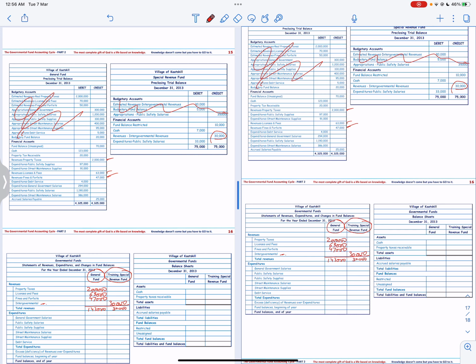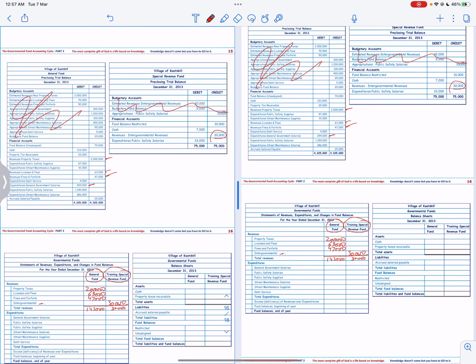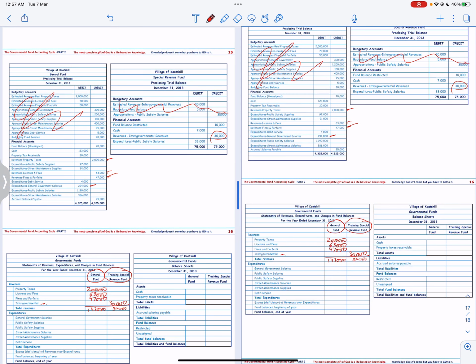In general fund, we have first of all general governmental salaries. Where is general fund? General fund salaries is 294,000. Then we have public safety salaries of 1,190,000.